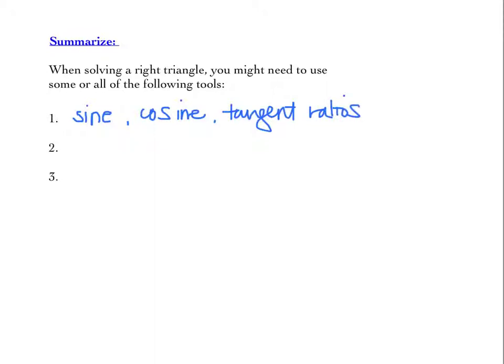You might need to use the inverse trig ratios if you're trying to find the angle and you have the ratios. And finally, you might need to use the Pythagorean theorem. Don't forget our good friend here.